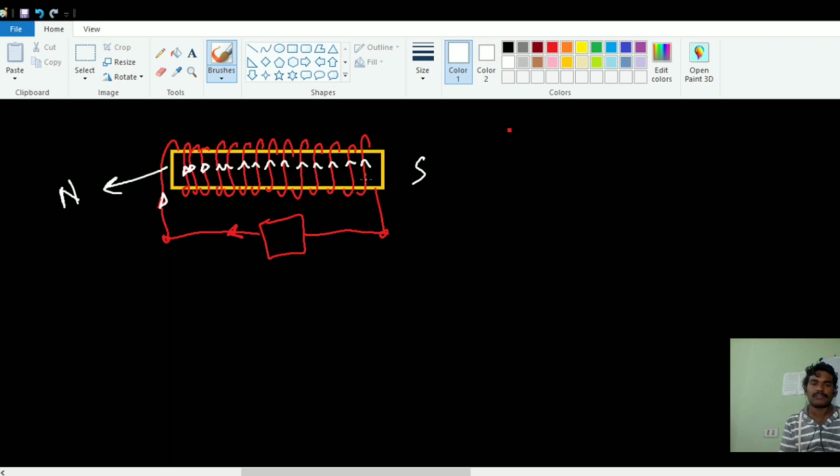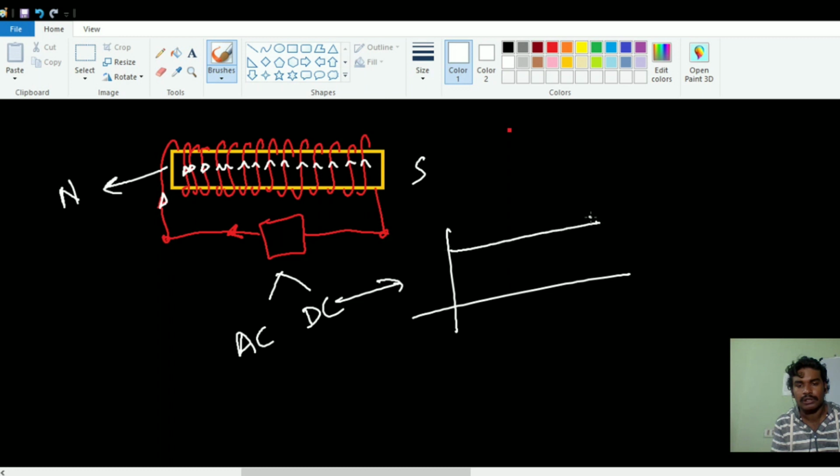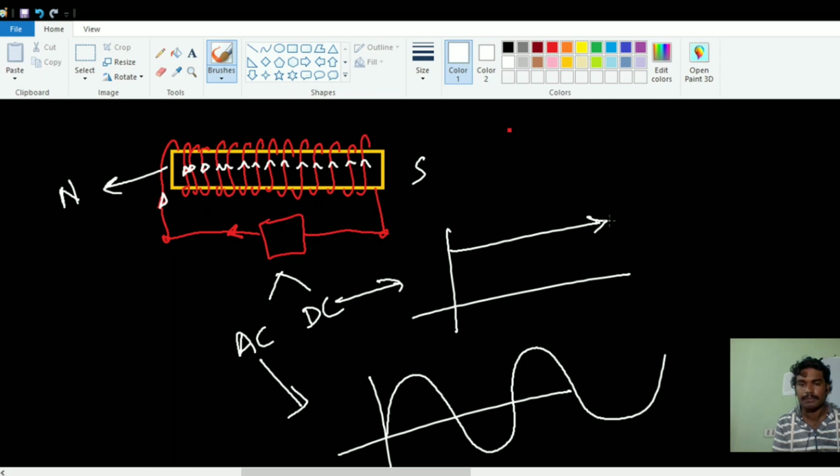To electromagnetize we need some electric source. These sources are of two types, AC source and DC source. DC source means a constant source, so the flux produced is also constant. So it is called constant field excitation. Whereas AC is not a constant current, it varies with respect to time.